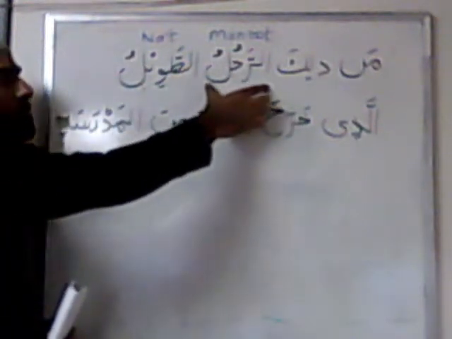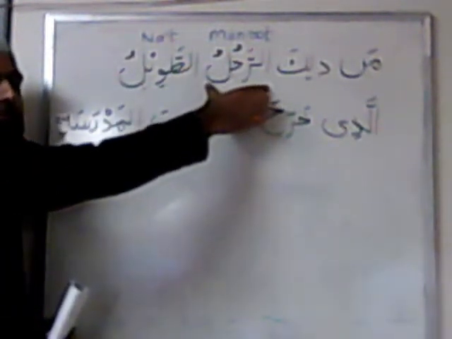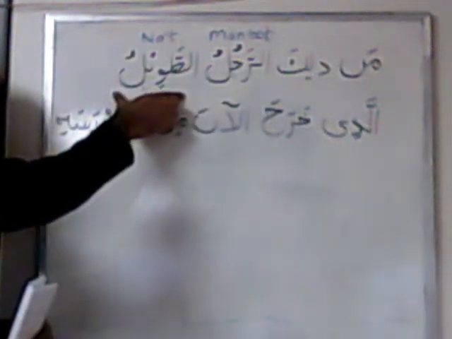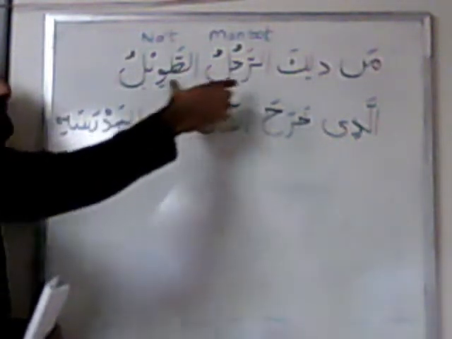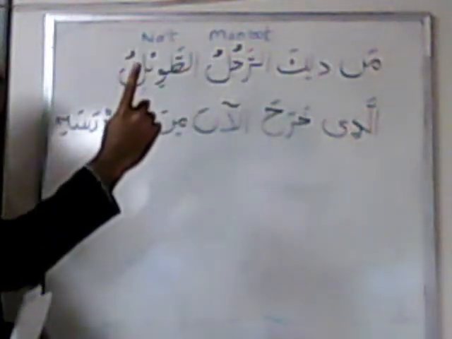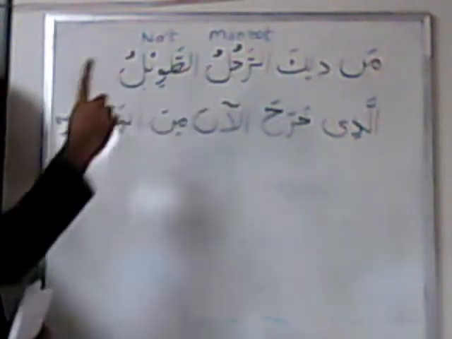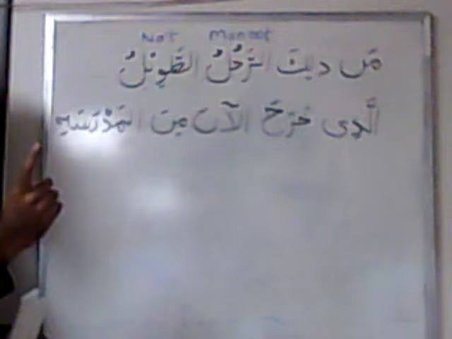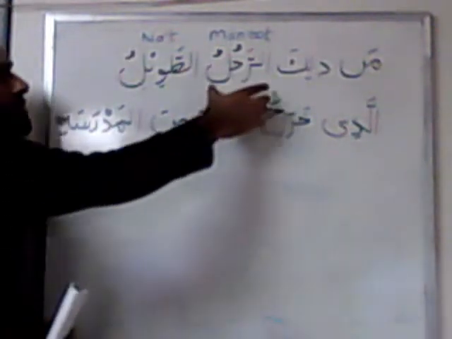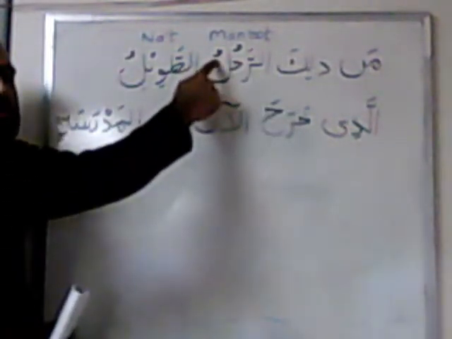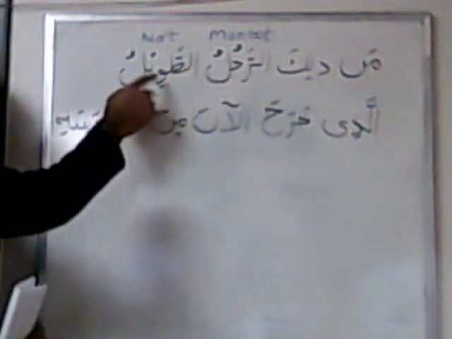The manood is masculine, the naat is masculine. The manood is one, talking about one person, and the naat is also in its singular form. And the manood ends with u, the naat ends with u. So they have to match in these four aspects. Okay. Man dhalika rajulul tawil.